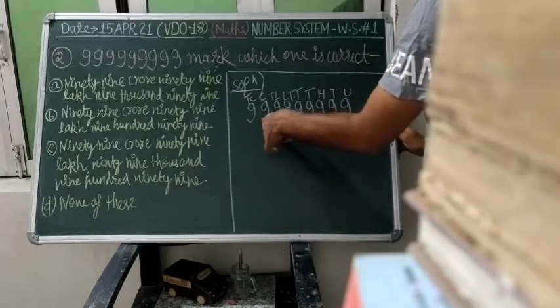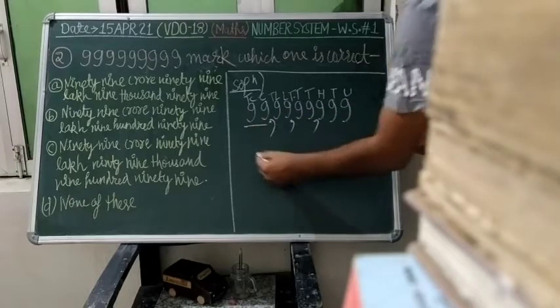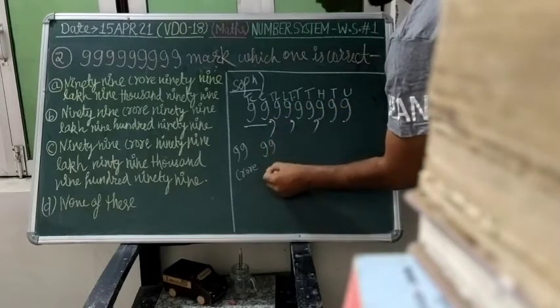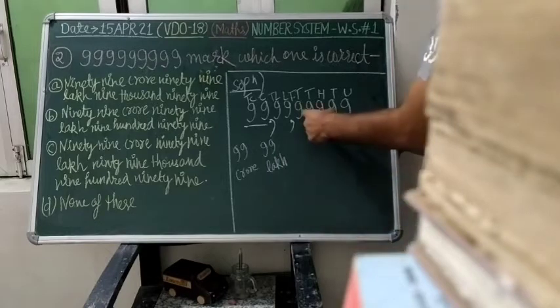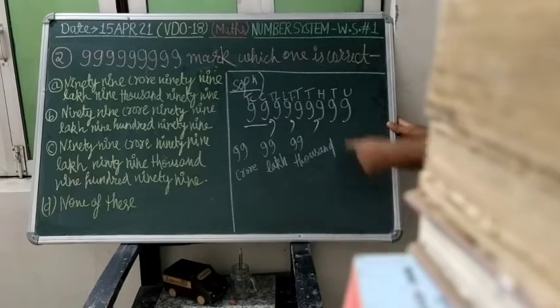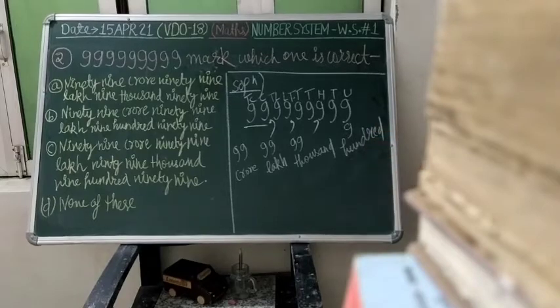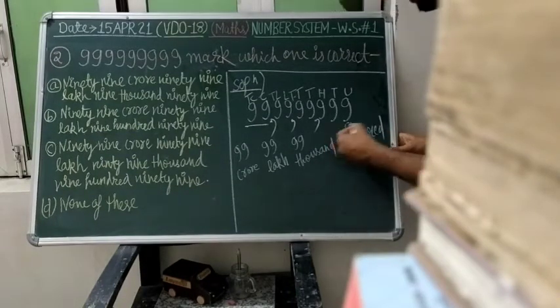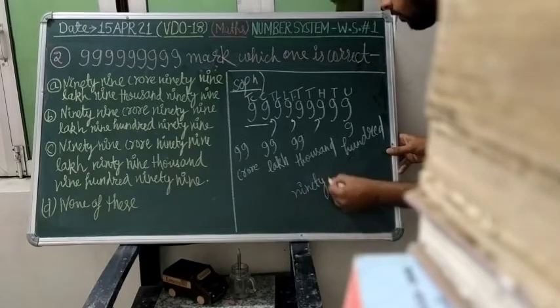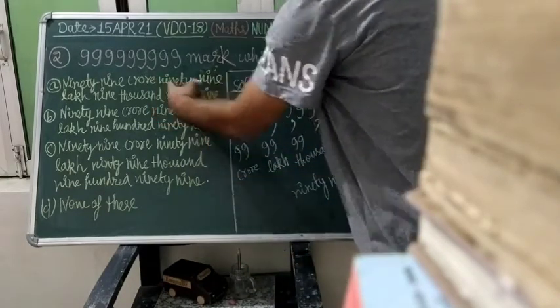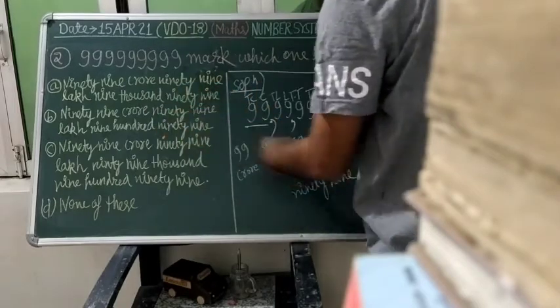So the meaning is that 99 crore, 99 lakh, 99,000, 999. Now check where it is written. 99 crore, 99 lakh, 90.